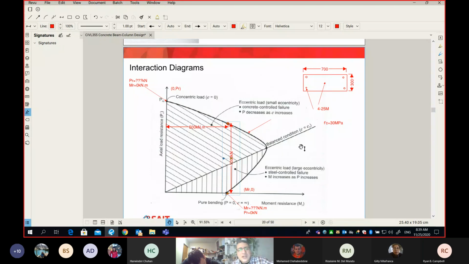Okay, so now, just looking at this curve, probably some of you are struggling to know what it means, but as I said, every single point on the curve represents a different combination of the axial force and the bending moment that this section can handle.